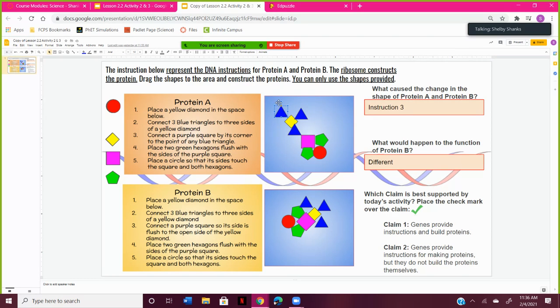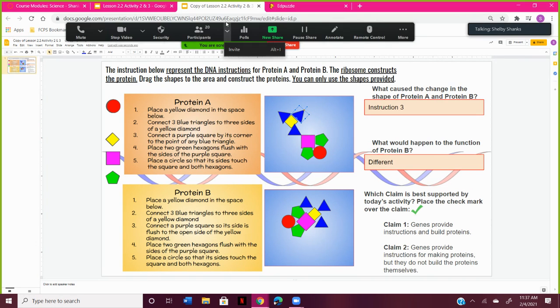Some of these won't line up, you could turn it like this, or however you want. Can you see what I'm doing on my screen? Yes. You can turn it a degree with that. Thank you.